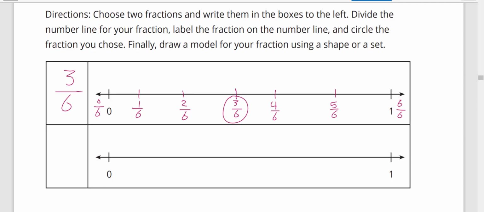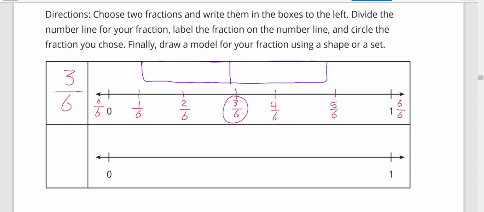And draw a model for your fraction using a shape or a set like this. For example, draw, divide this part into 6 equal parts.